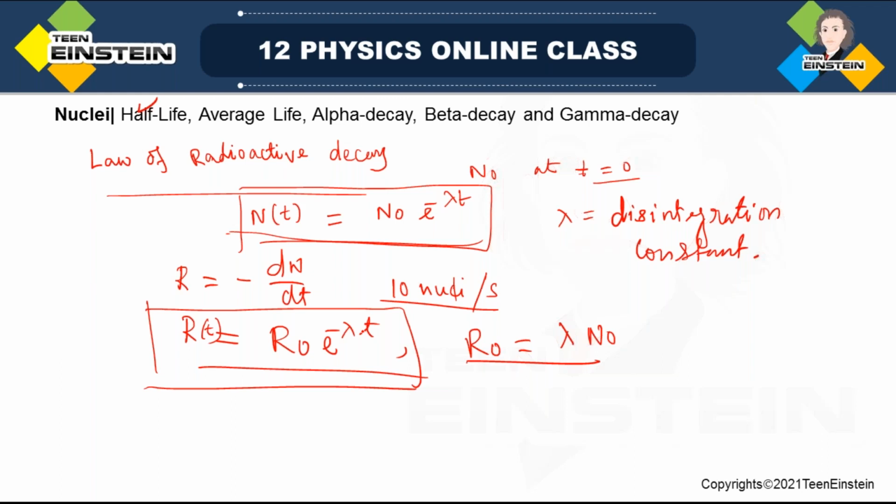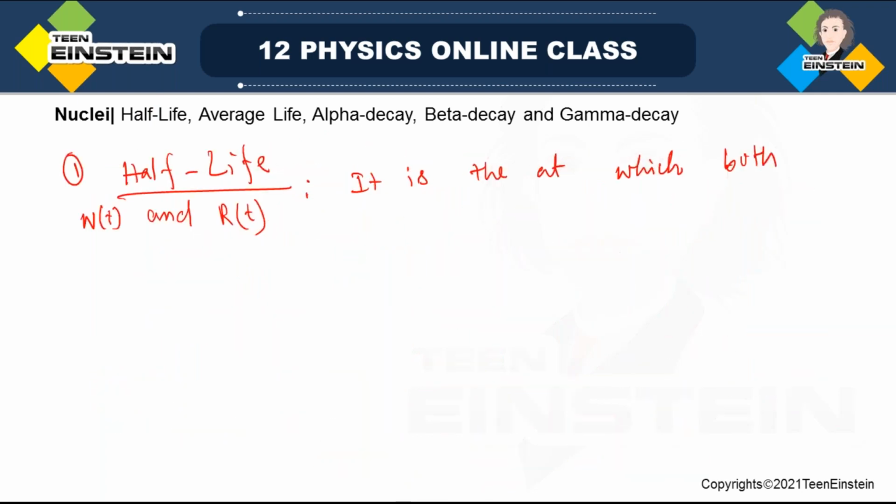N of t means N0 into e to the power minus lambda t, and R of t means R0 into e to the power minus lambda t.